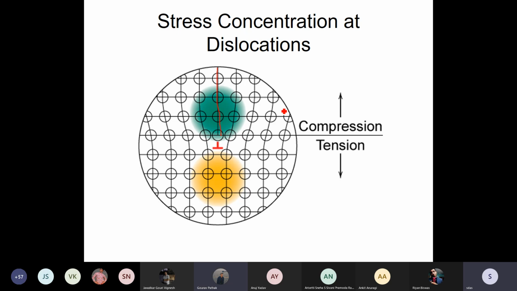It's very negligible, because surface tension forces are holding the top of that water level. Similarly, if I insert one extra half plane, it tries to push the atoms apart in the top half of the slip plane. This is my slip plane.